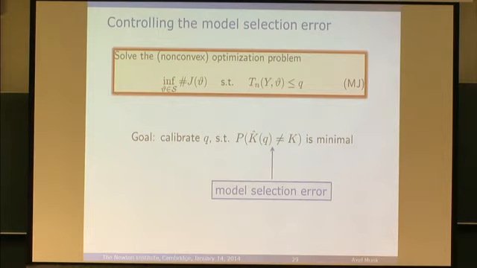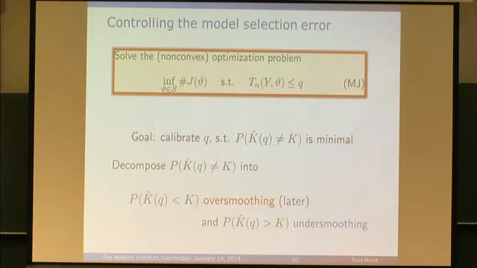So imagine you are in a situation where you in first order are interested in the number of jumps. Maybe not so much in the size, but in the number. There are other ways to do that, but let's stick with that. And you want to do that, and you should keep that in mind always, uniformly over that huge model of locally constant functions. Okay? So that's what you want to do, and I call it the model selection error. And you would like to find that Q in order to minimize that guy.